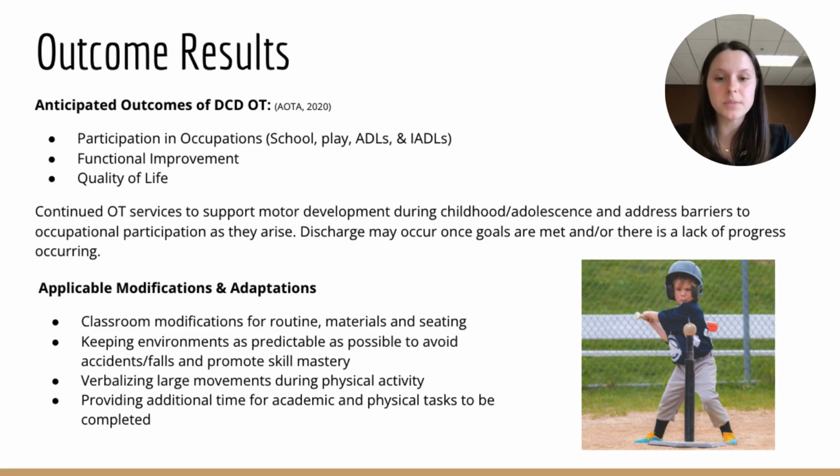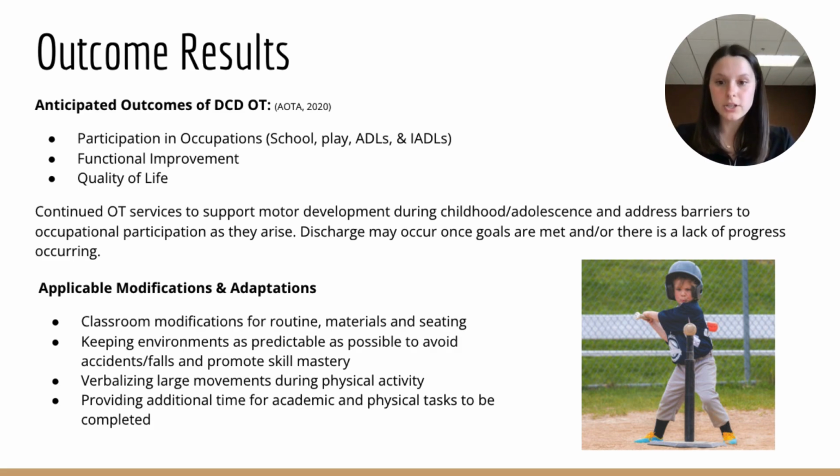And you could also change materials and seating. So with DCD, there could be some fine motor delays in writing, and so that's a time when you could provide different writing materials and adaptations, and seating as well to provide stability and reduce the likelihood of a child falling out of their chair or injury due to DCD.